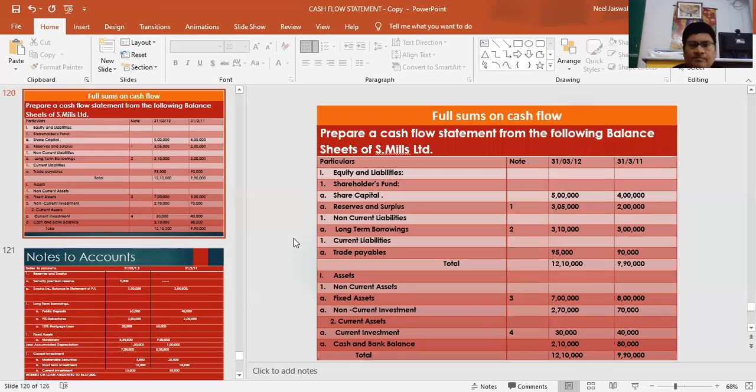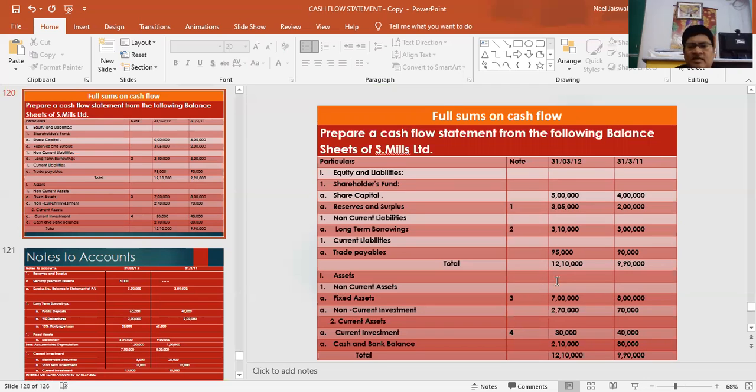Next, a sum now. The sum is given like this. Current year's balance, 2012, and the previous year, 2011. Equities and liabilities: shareholders' funds, share capital, reserves and surplus; non-current liabilities, under that long-term borrowings; current liabilities, under that trade payables; and the total of the liability side.